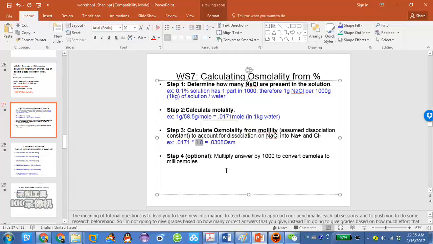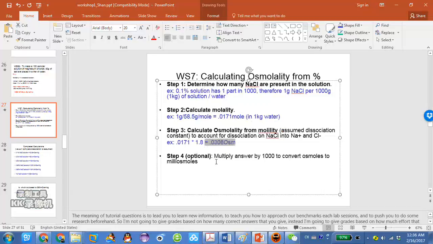Instead, I assume 1.8 to be a more precise dissociation constant for NaCl. So we use the molality 0.0171, multiply by the dissociation constant 1.8, and we get the final osmolality for the 0.1% NaCl solution, which is 0.0308 osmolar.